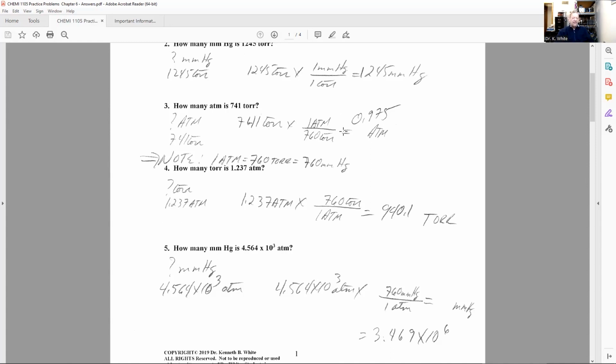If I do the math, I have to round off what's on my calculator. You know how this gives a ton of numbers. And 741 has 3 significant figures; 1 and 760 are exact numbers. Therefore, the answer should be rounded off to 3 significant figures. Now I have 0.975.